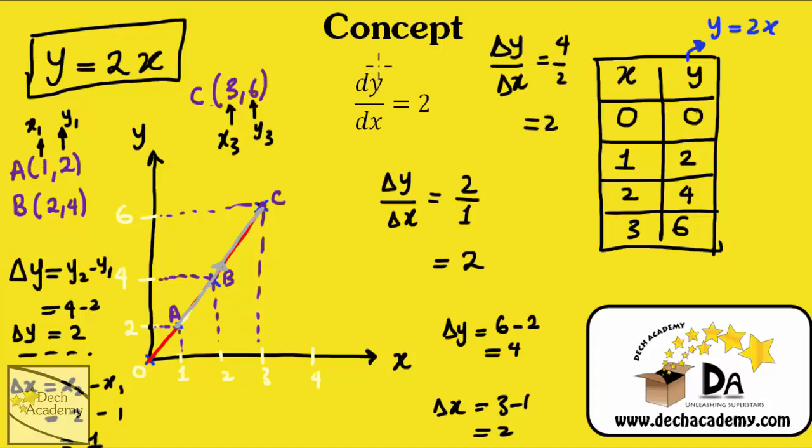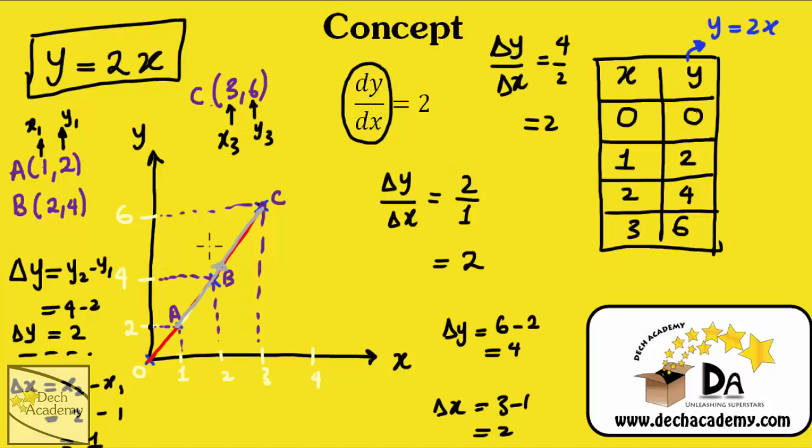So the notation is dy dx, and there's a reason why I use this symbol, delta, but I'd be going outside the scope of the syllabus if I explained. So just understand the idea of the first derivative. It tells you how y changes with x.